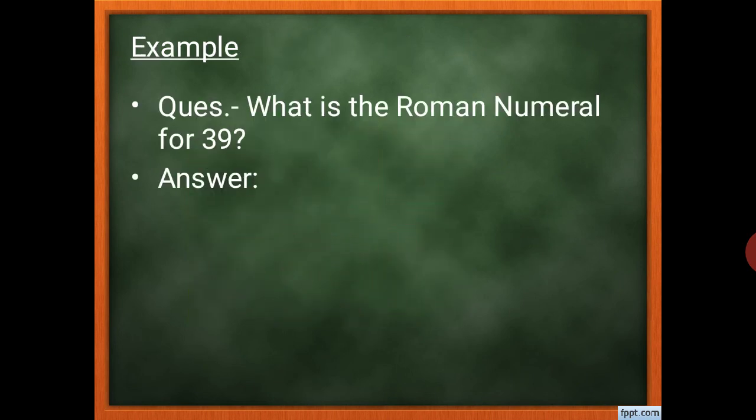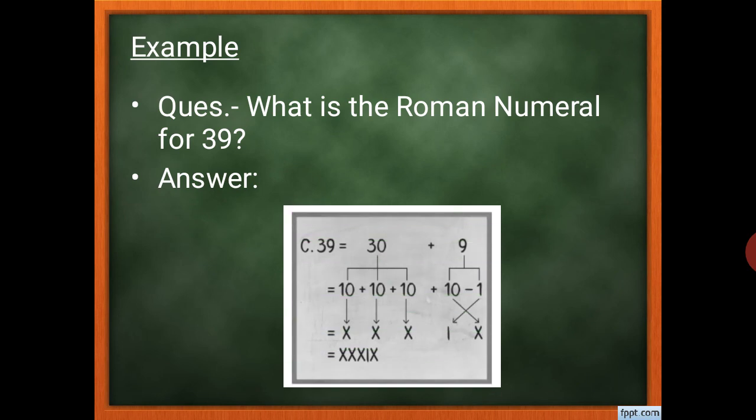Now what is the Roman numeral for 39? 30 is made up of 10, 10, 10. So for 10 we write X, X, X. And 9 we write as IX. So for 39 it becomes XXXIX, that is 30 plus 9.